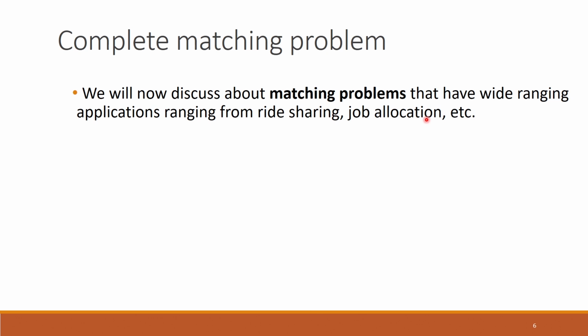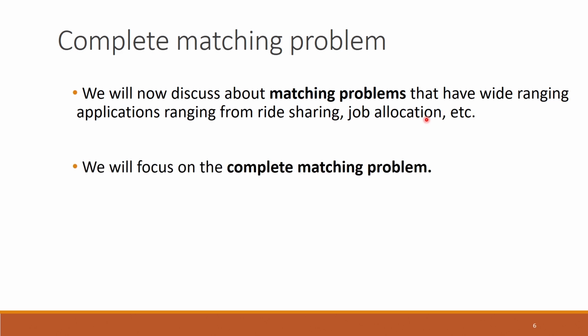For example, the total cost that is borne by the taxi company is minimized, or whatever objective that might be useful. Okay. So, these kinds of matching problems are useful wherever we have to assign a particular set of items to another set of items. So, in this course we will be discussing a specific kind of matching problem. It is called the complete matching problem.